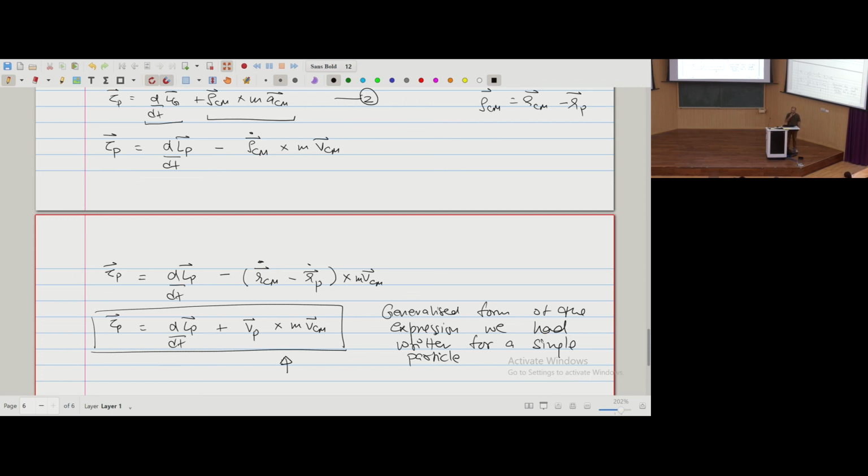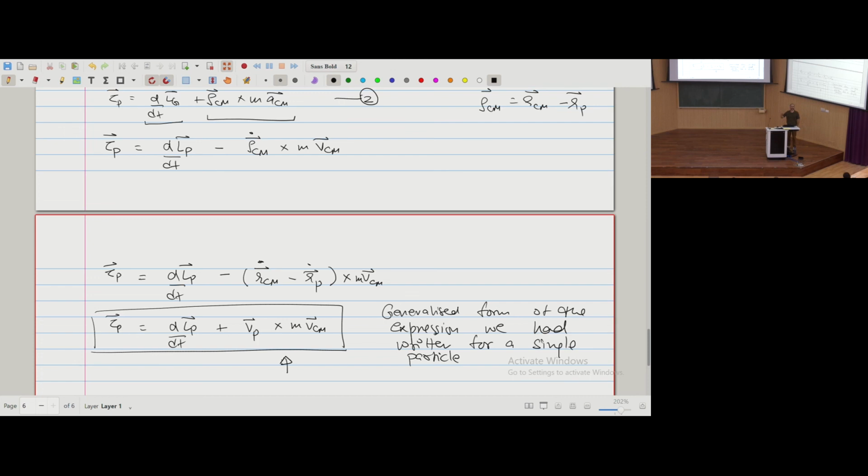So can we check if my point P actually becomes a fixed point, do I still get the expression tau O is equal to d by dt of LO? If my point P is fixed, then Vp becomes 0. Is that right? So we get the expression tau naught is equal to d by dt of L naught.